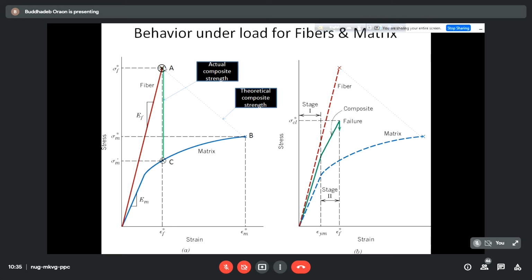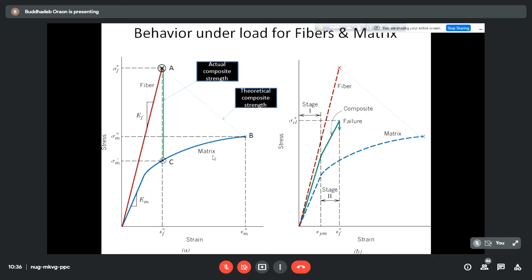This point I am calling sigma f star, which indicates the fiber failure stress, and corresponding to this, I get on the x-axis epsilon f star, the strain at which the fiber fails. So this is the individual stress strain diagram of the two important components, fiber and matrix, separately drawn.